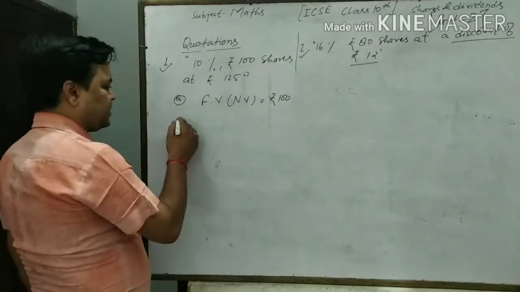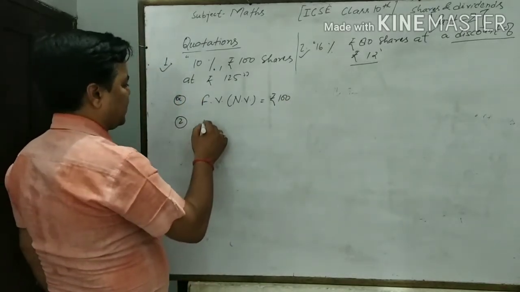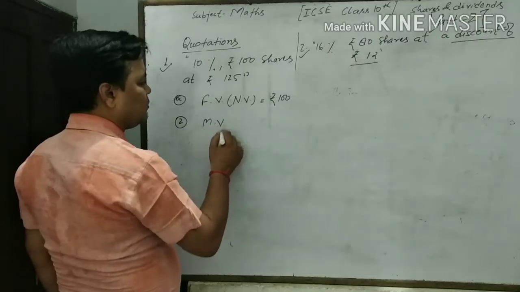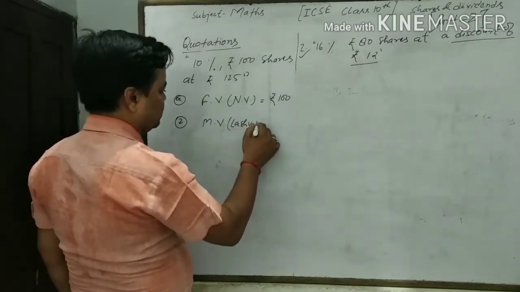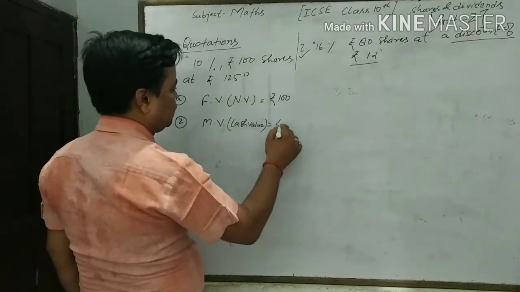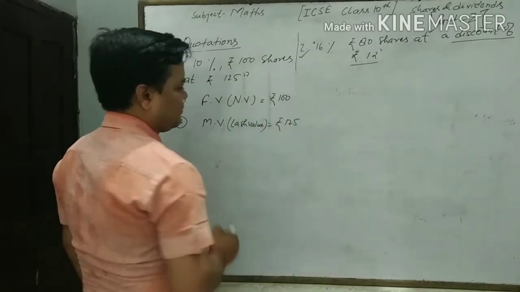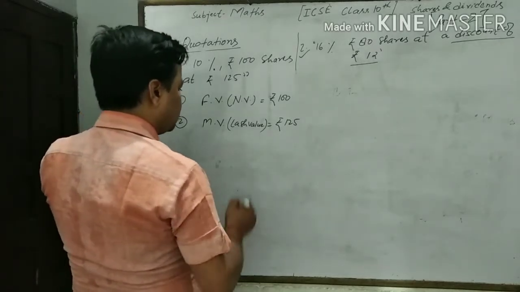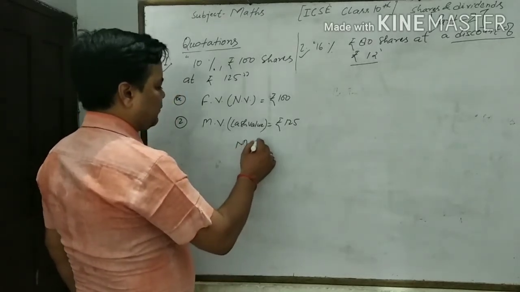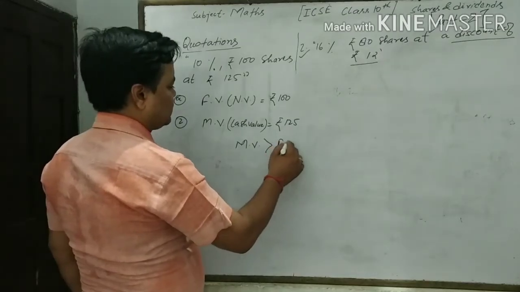Now, the second thing is the market value, also known as cash value. That is rupees 125. Here we know that the market value is greater than face value.